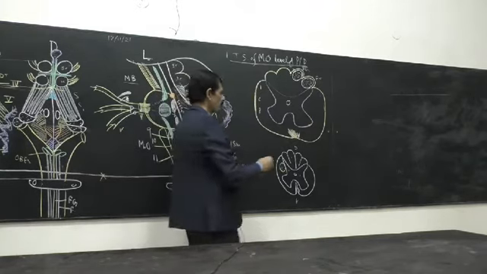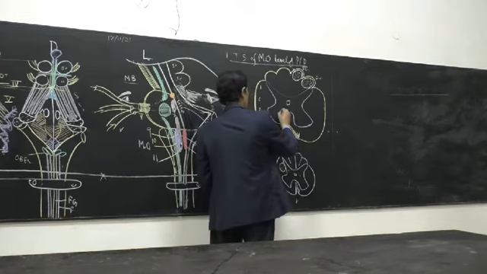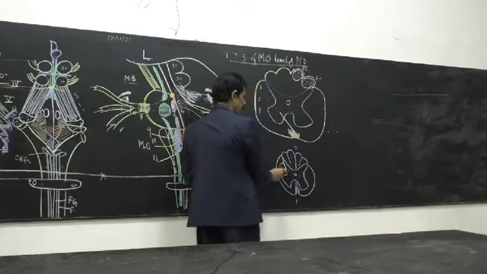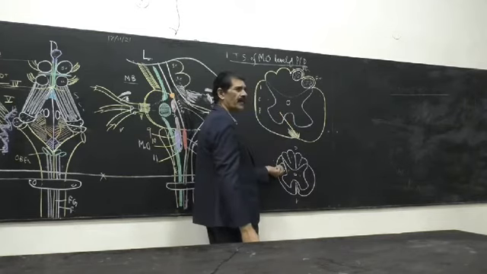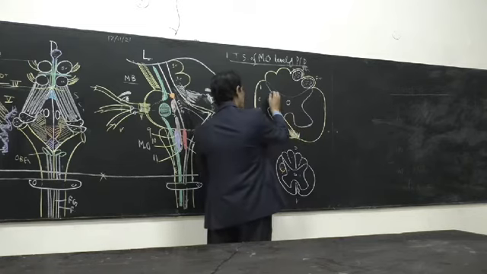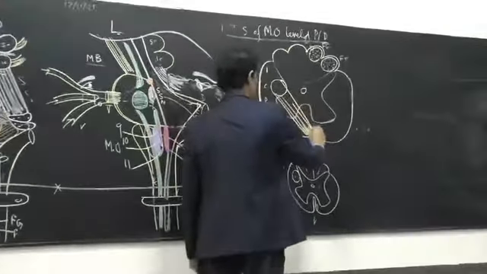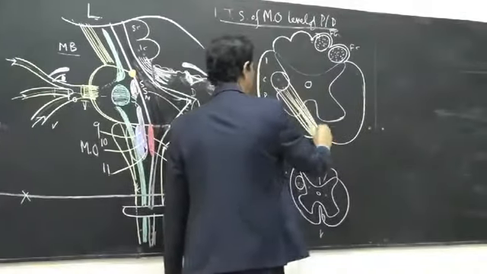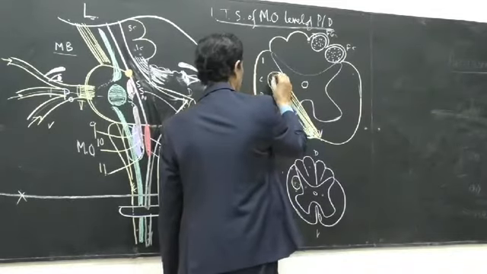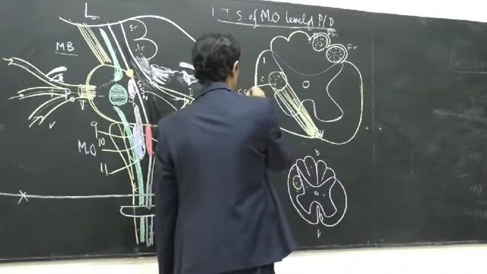See, the corticospinal fibers cross 80%. And where do they have to descend? Into the lateral column of the spinal cord. So they are also present in the lateral part of the medulla. They cross like this, and they have formed the lateral corticospinal tract.